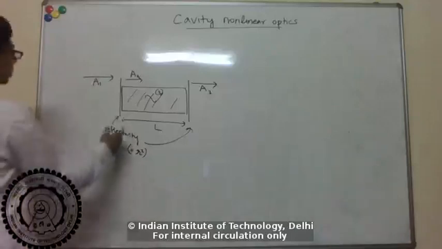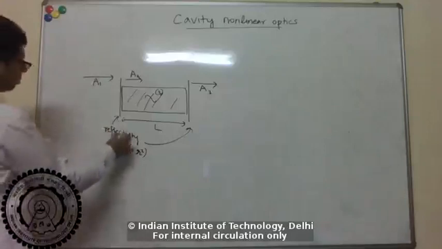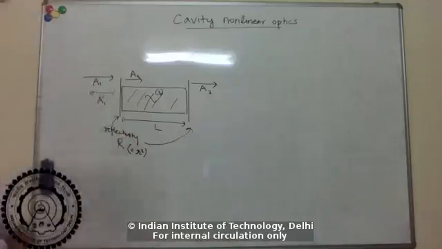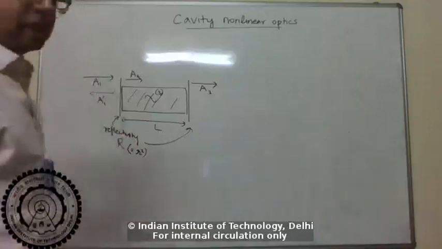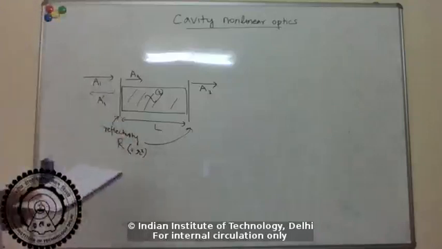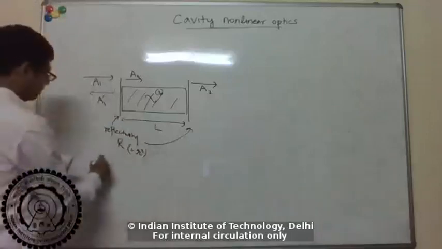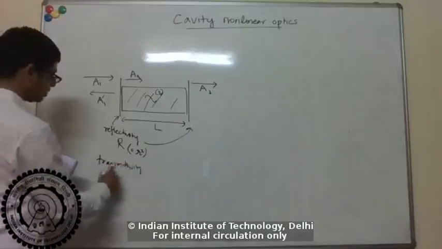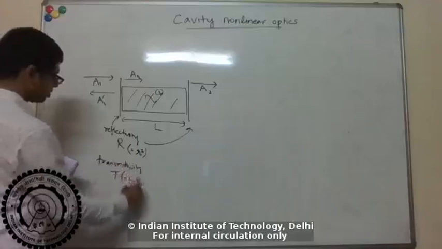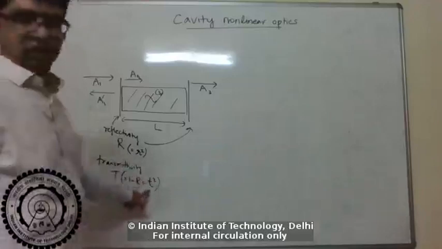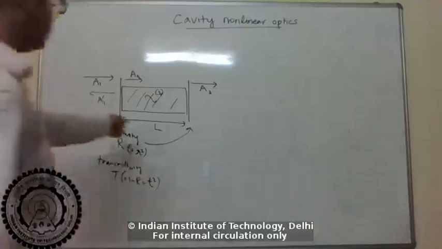Of course, there'll be a reflected wave here, right? So we can call that A1 prime. We can define a transmittivity for these mirrors, which is 1 minus R, or a small t for the amplitude transmittivity for each of the mirrors.